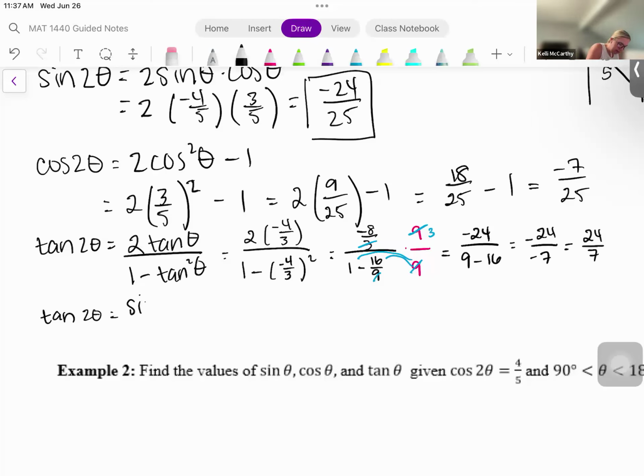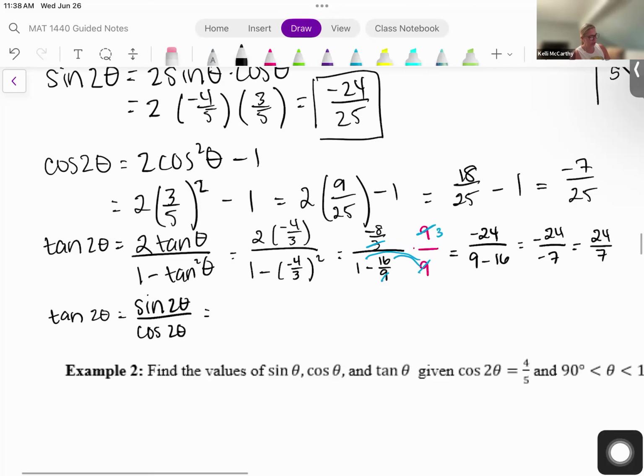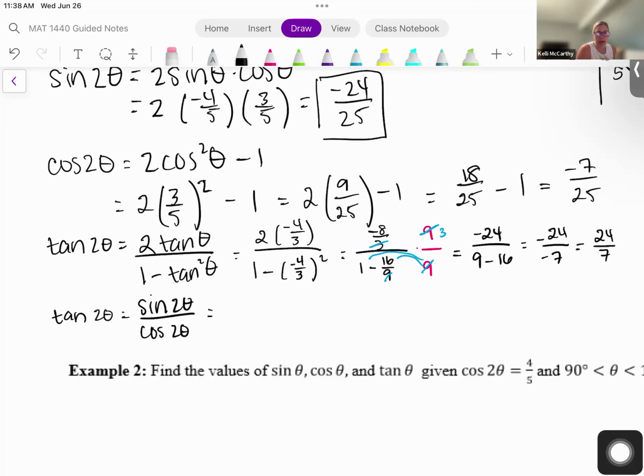This is going to be sine of 2 theta divided by cosine of 2 theta. And this works really nicely in this problem because we did already calculate sine of 2 theta and cosine of 2 theta. If you were just asked to evaluate tangent of 2 theta, you wouldn't necessarily go through using this because it requires 2 formulas versus 1. It just depends on what you've already done at that point.